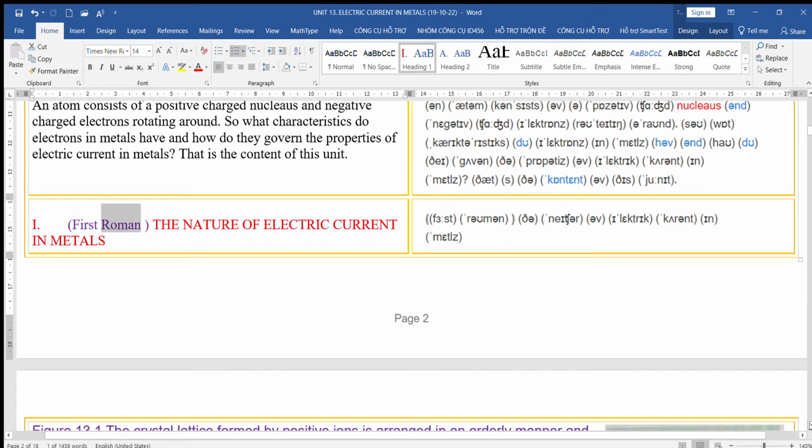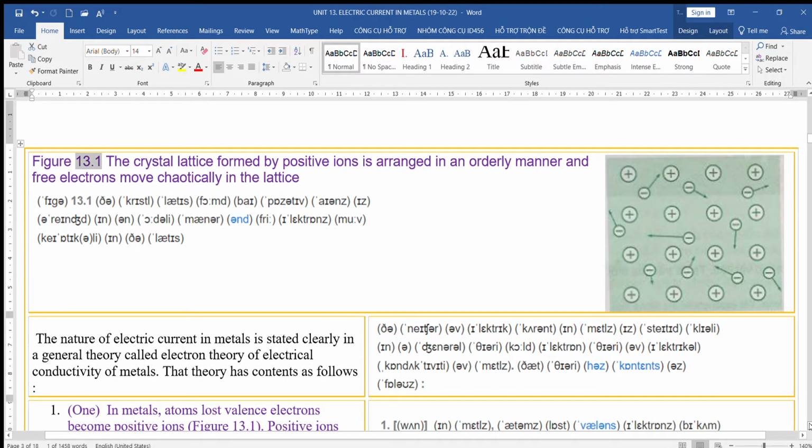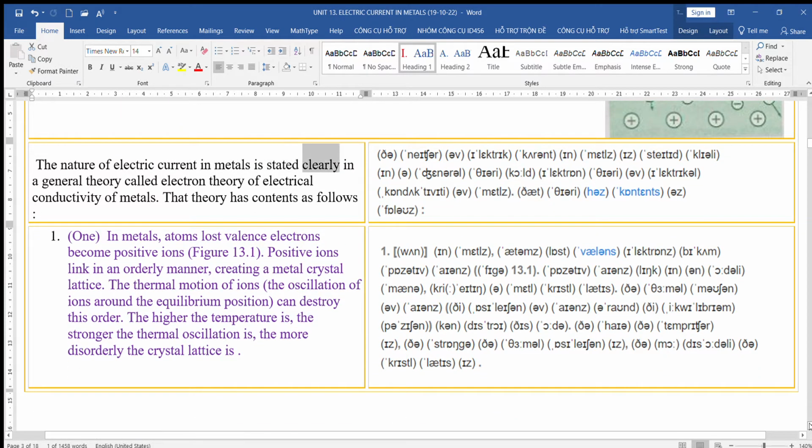First, the nature of electric current in metals. Figure 13.1. The crystal lattice formed by positive ions is arranged in an orderly manner and free electrons move chaotically in the lattice. The nature of electric current in metals is stated clearly in a general theory called the electron theory of electrical conductivity of metals.